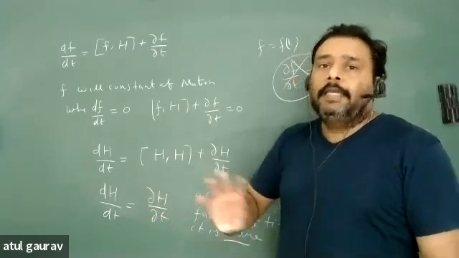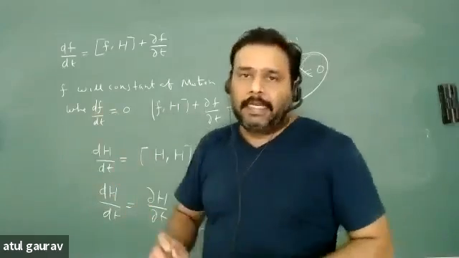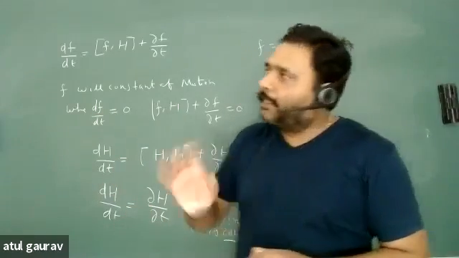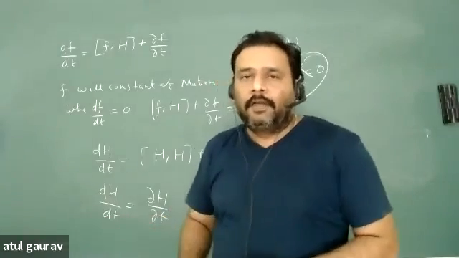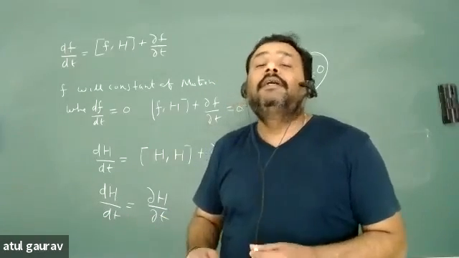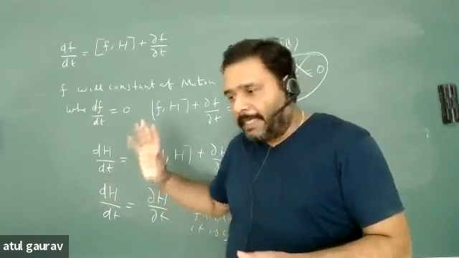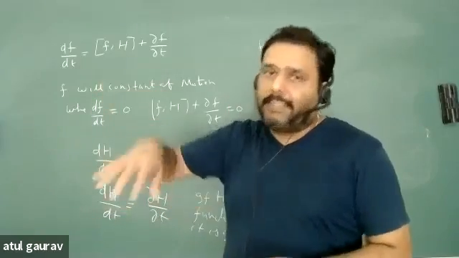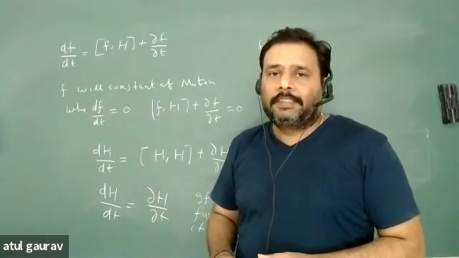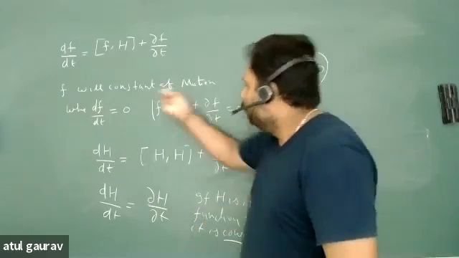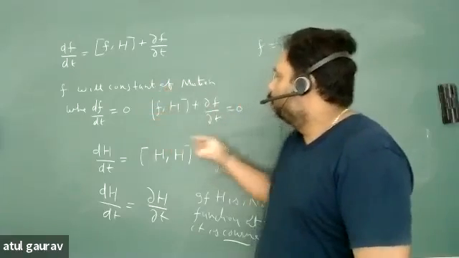So if I give you some expression and say, okay, see this expression, can you say whether this is a constant of motion or not? You have to ask for which system. Suppose I am giving you a system, then you have to write the Hamiltonian. And after writing the Hamiltonian of that particular system, you must check whether all these things are equal to 0 or not.